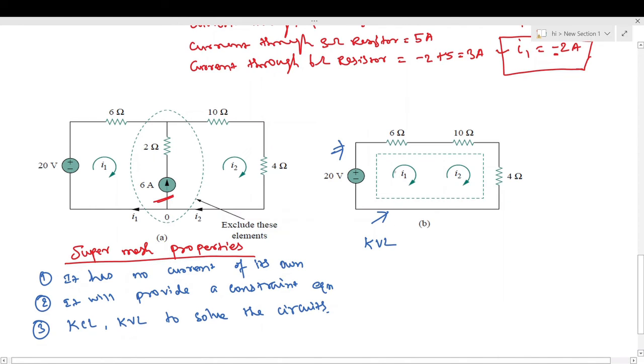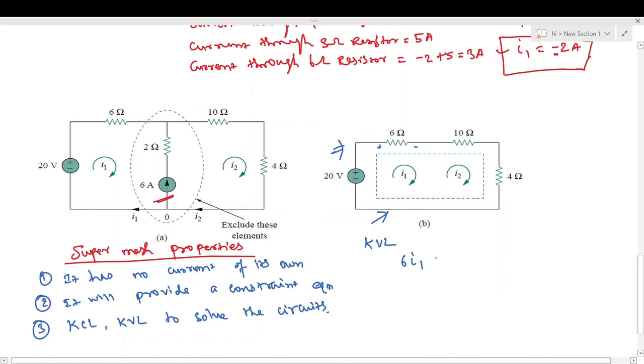Now the direction of the arrow first meets the positive terminal of the 6 ohm resistor. So the voltage drop across the 6 ohm resistor will be 6 into I1, and next the arrow meets the 10 ohm resistor and 4 ohm resistor which are connected in series, and the current flowing through these two resistors will be the mesh current I2.